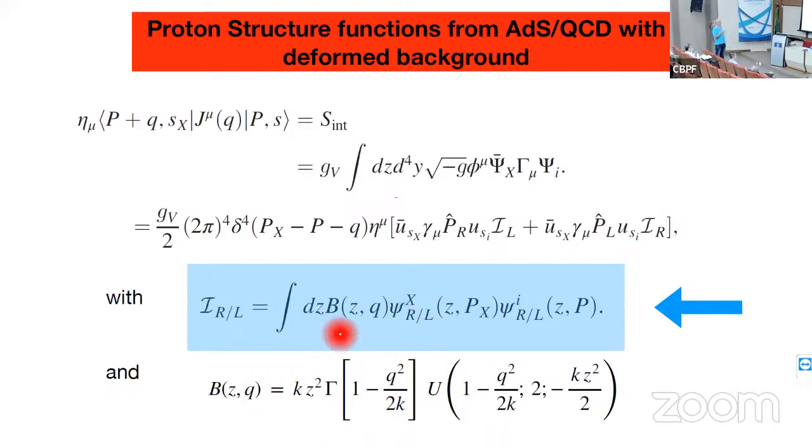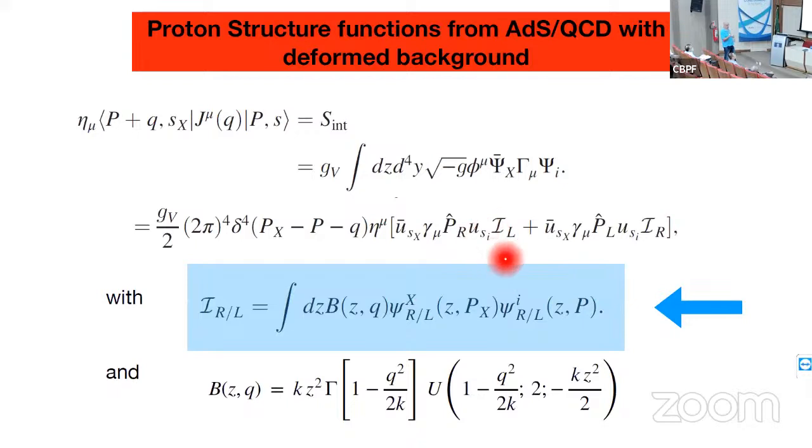What we need is to do this calculation numerically, because we only know psi I and psi X numerically, but we know B exactly. So we need to calculate this integral, and this integral is what we input here, I_L and I_R. Once we know these integrals, we can calculate this interaction.